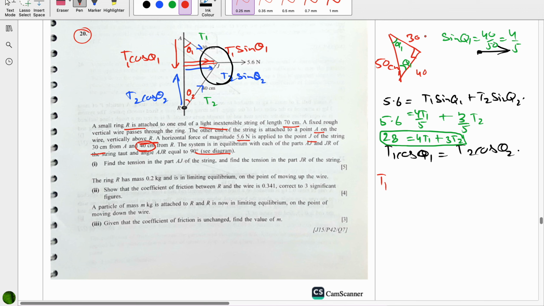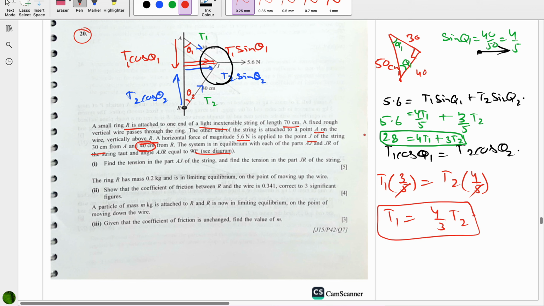Now let's do the same for the second equation. T1 cos theta 1. From this very triangle, cos theta 1 is 30 by 50, which is 3 by 5, is equal to T2 cos theta 2, which is 40 by 50, which is 4 by 5. So I'm making T1 the subject. We get rid of this 5, and this is now 4 by 3 of T2.